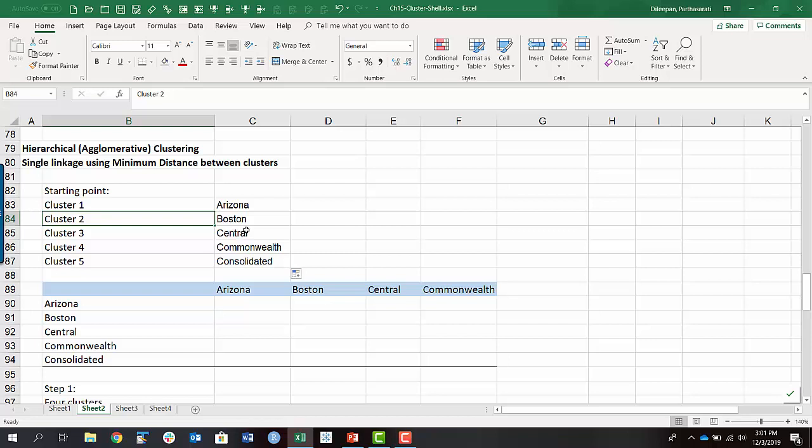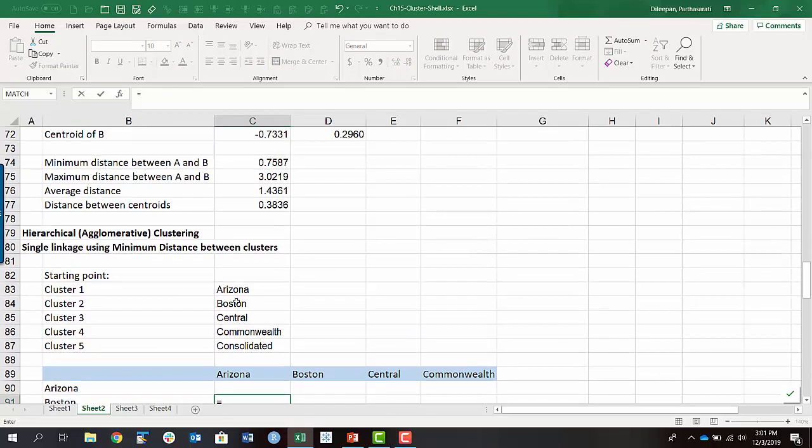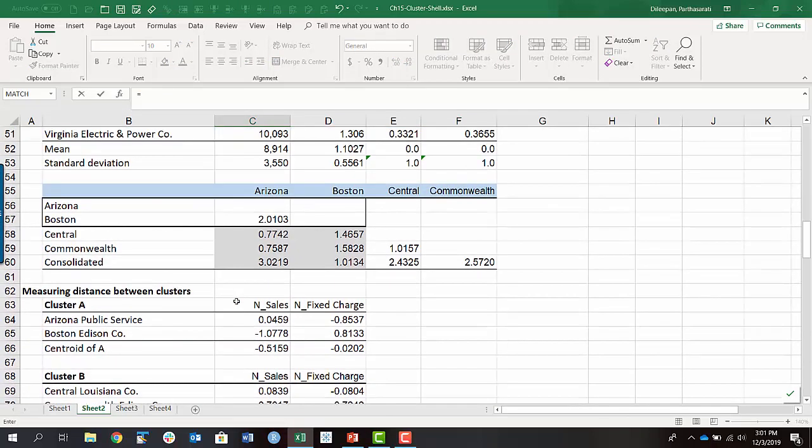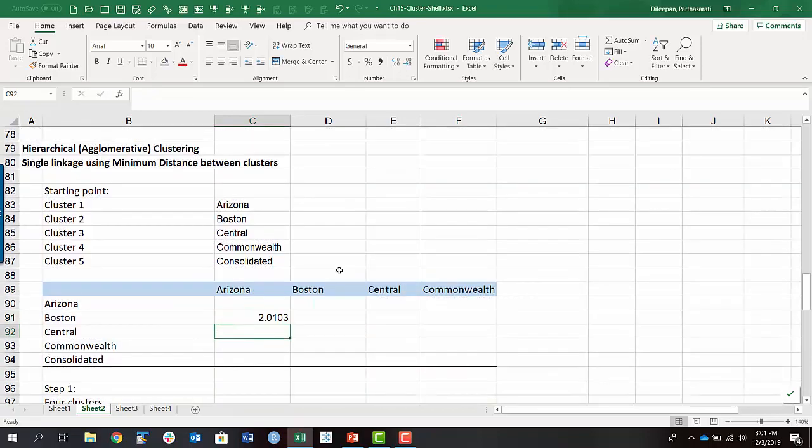So minimum, maximum, centroid, everything will give you the same result. Once again, the diagonal is going to be 0, and we have only the lower triangle. We have already computed these distances previously, so we'll just bring that down here.